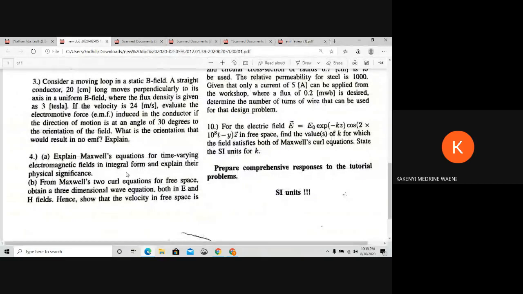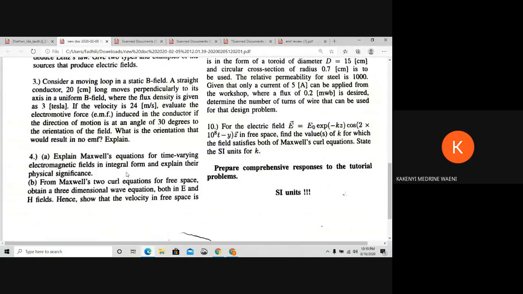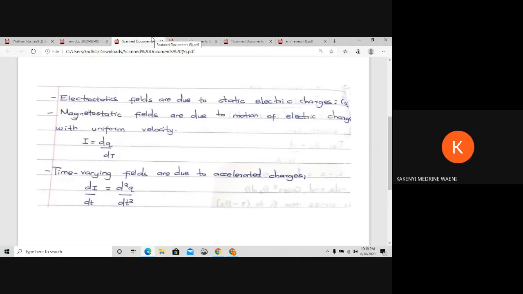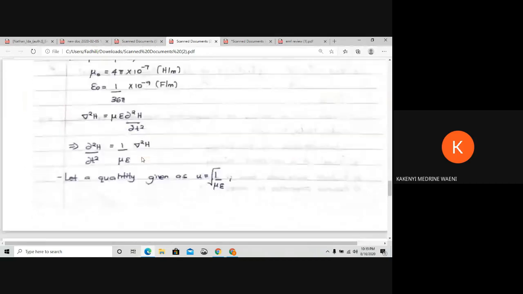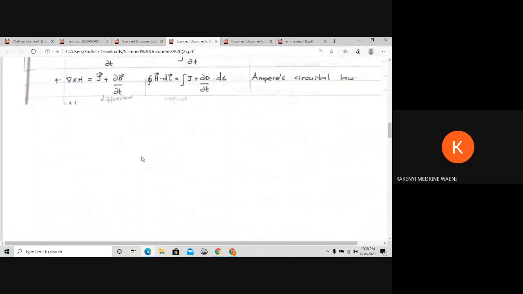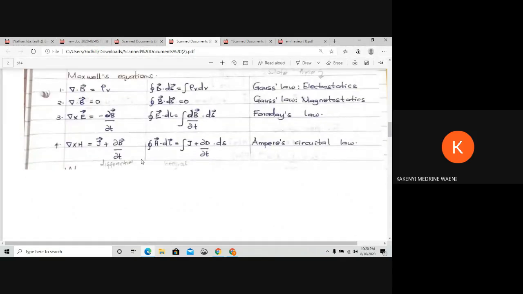asked us to explain Maxwell's equations for time-varying electromagnetic fields in integral form and explain their physical significance. Okay, now first, Maxwell's equations look like this.